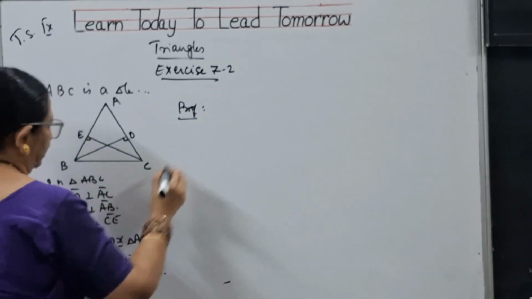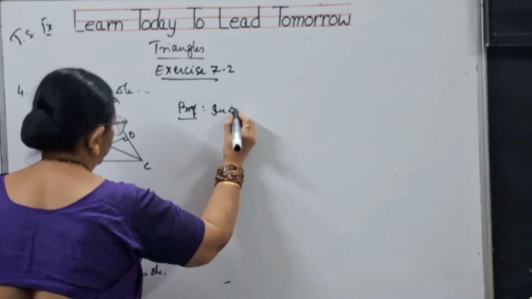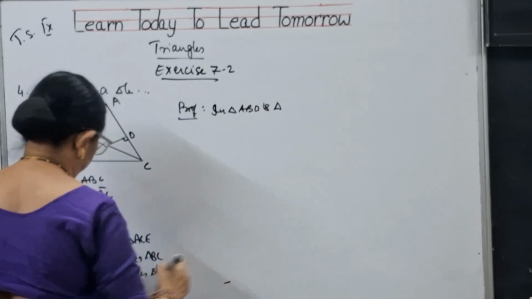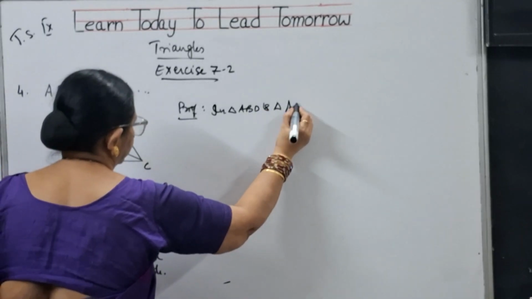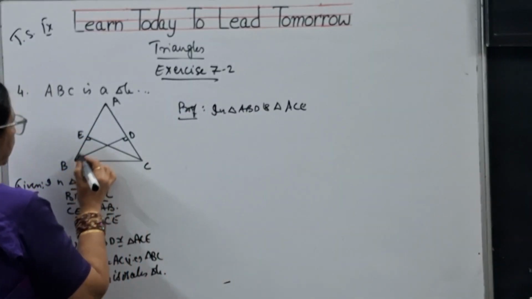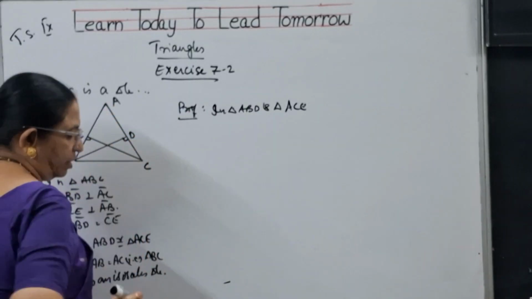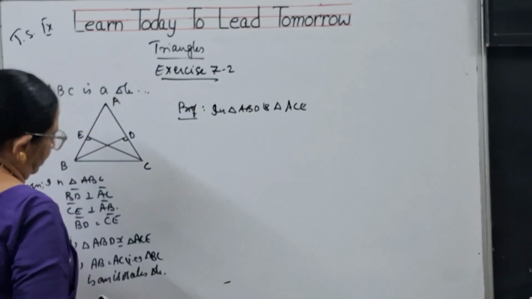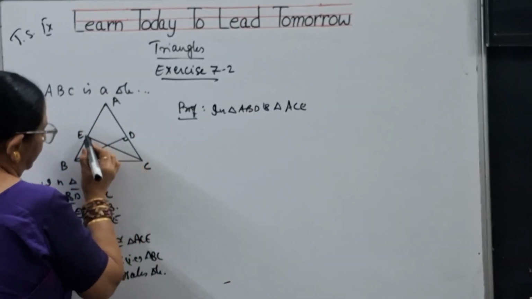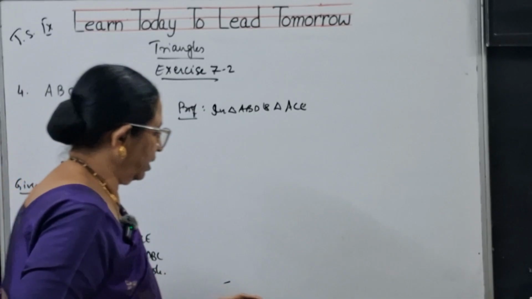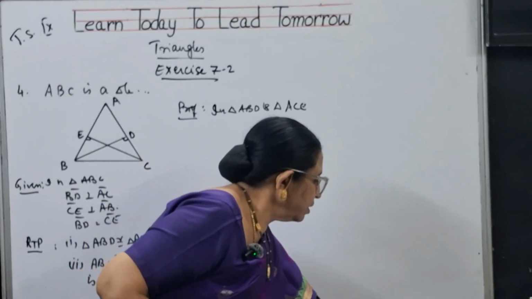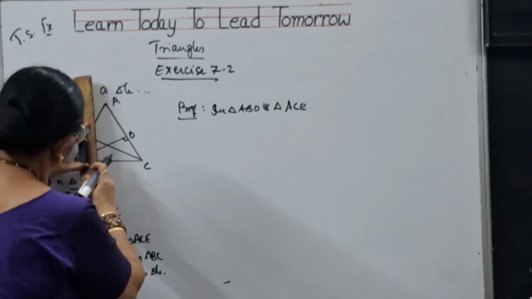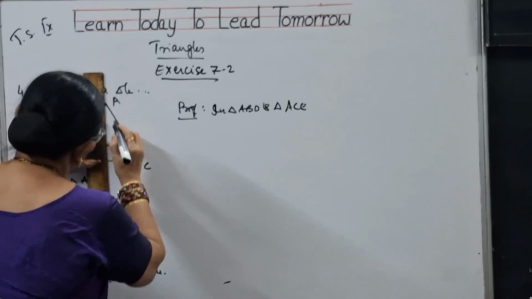Proof: two triangles. In triangle ABD and triangle ACE. See, ABD is one triangle and ACE is another triangle. In this figure, they have even given a line like this.